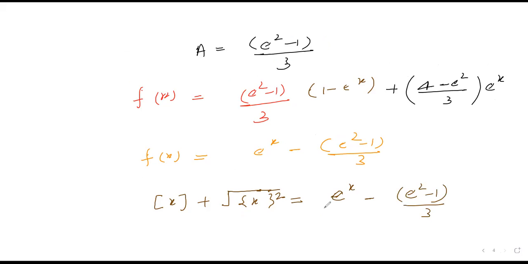So for the number of solutions, what you have to do? You have to obtain the total number of points of intersection of the graph of left hand side. Means you have to plot y equals box x plus root of fractional part x square, and you have to plot y equals e raised to the power x minus (e square minus 1) divided by 3, and you have to check the number of points of intersection of these two graphs, right?